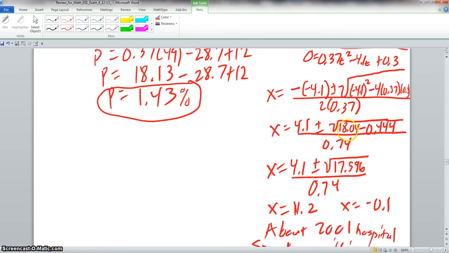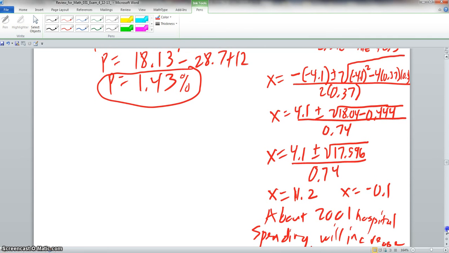Now when we subtract these values, we're left with 16.37, and then we would take 4.1 plus the square root of 16.37 divided by 0.74, which would give us 11.2, and then we would take 4.1 minus the square root of 16.37 divided by 0.74, and that would give us approximately a negative 0.1.